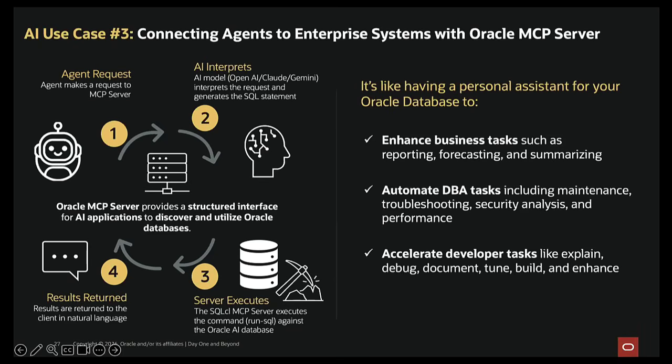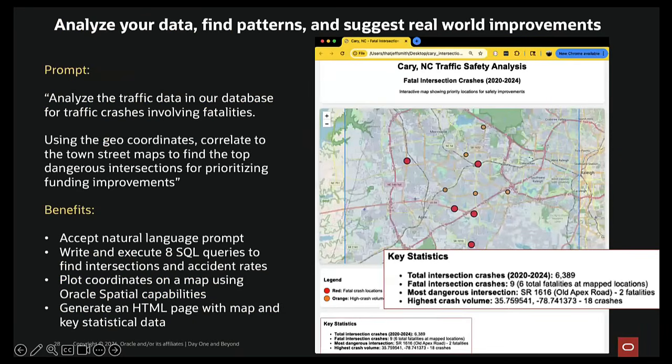So let's imagine a few scenarios together, so that we can see what's possible with your existing Oracle database and your favorite LLMs. Here, as a business analyst, you can use MCP to assist with data analysis, pattern discovery, and remediation suggestions. The analyst prompts MCP using the natural language shown to perform the desired analysis and share the key findings as well as display the hotspots on the map.